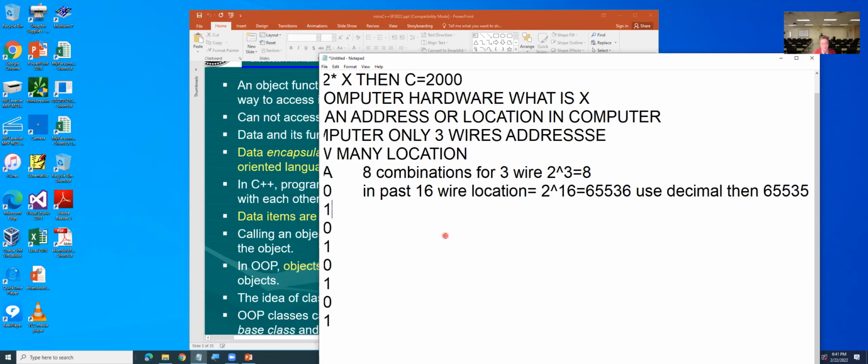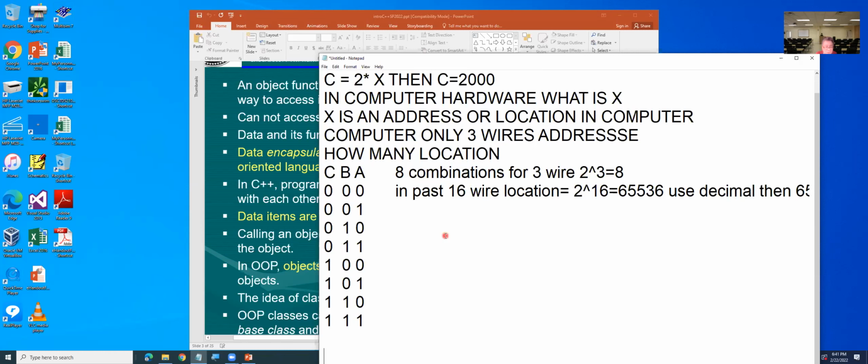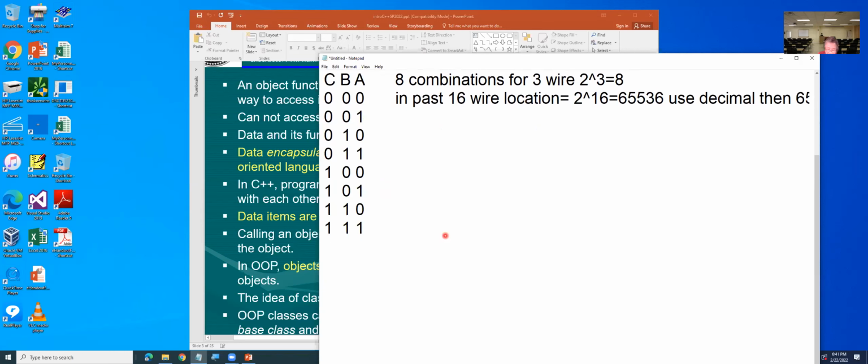If you bought an old computer and you get a new hard drive, it's not working, because the new hard drive will be very, very big. So that is talking about the memory in hardware.